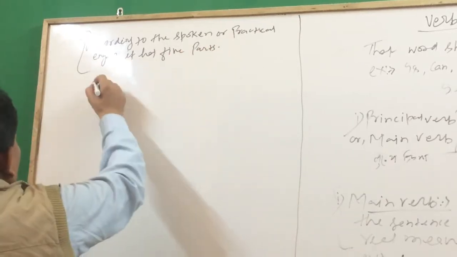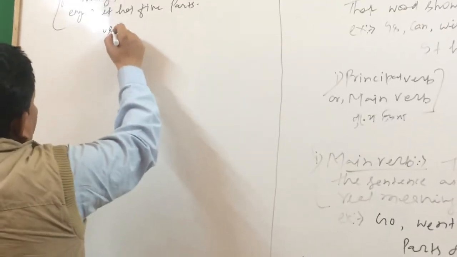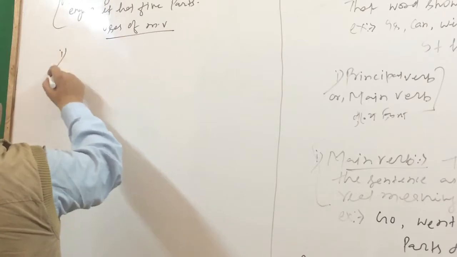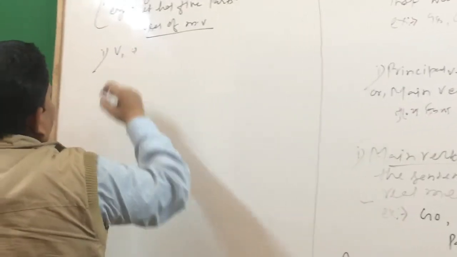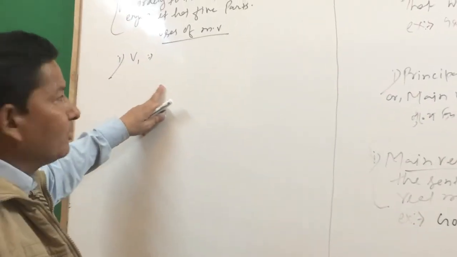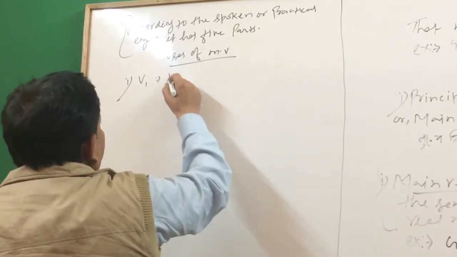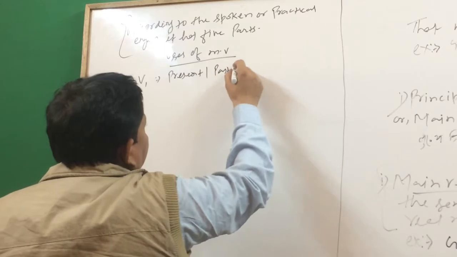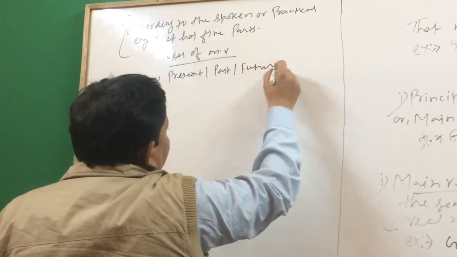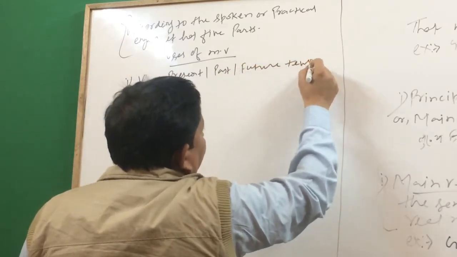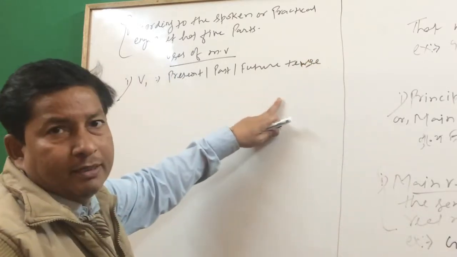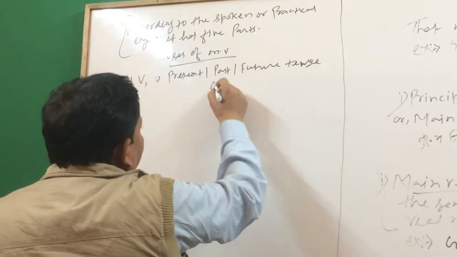The first one, we have to write uses of main verb. The first one is V1. Now where can we use this first one? See, V1 means present tense, past tense, and future tense. It means we will use it in these three.